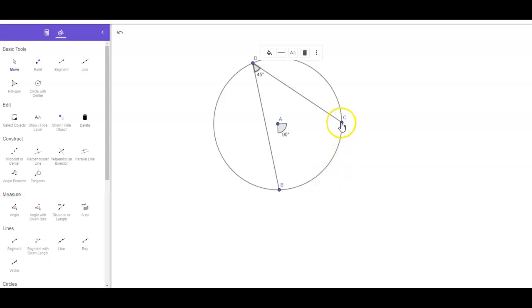If I move this to, say, 80 degrees, the central angle is 80, this arc is 80, but that inscribed angle is 40 degrees. So this arc is 80, that angle is 40, and then we said this was 90, that was 45. What do you notice here?